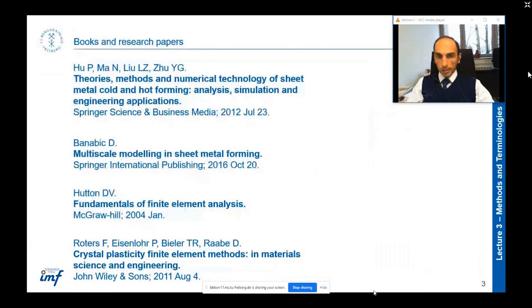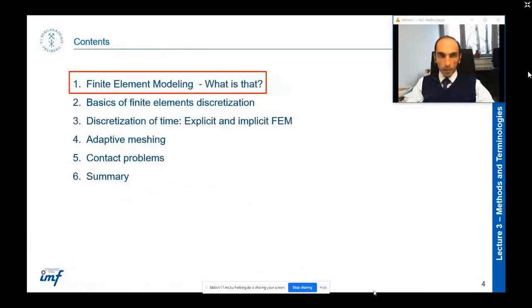Let's start our session today. The content of this session and next week's session is as follows.